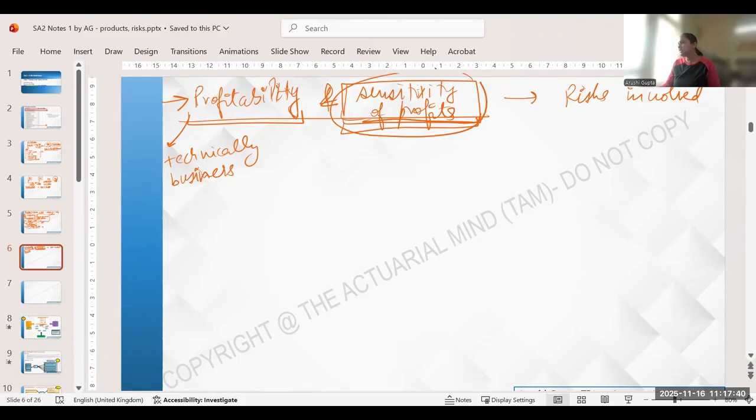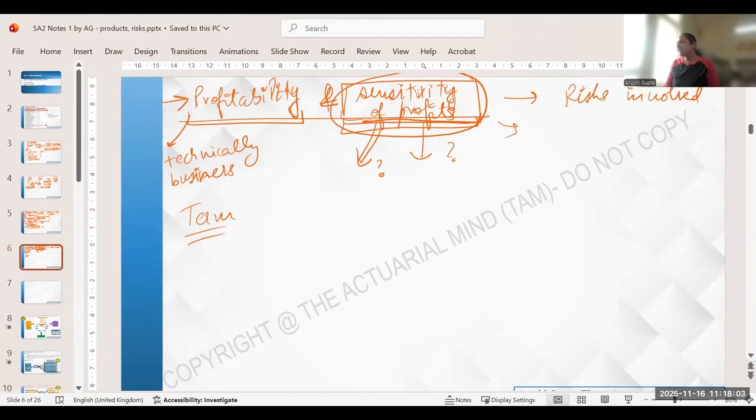Are you able to see what this would mean? Are you able to guess that? Yes or no? What does this mean? None of you are able to guess what we are trying to say here? So it means, what if we change the assumptions, what will be the impact on profit?